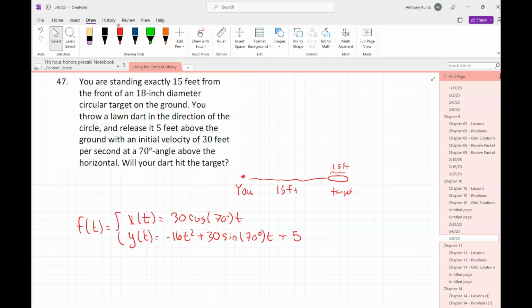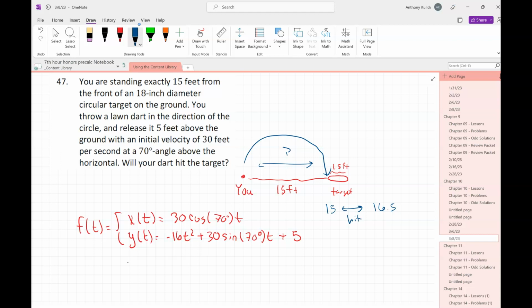All right. So the goal here is we throw this lawn dart and we want to find out how far it went. We want to see if it's between 15 feet and 16.5, which is going to be a hit, right?